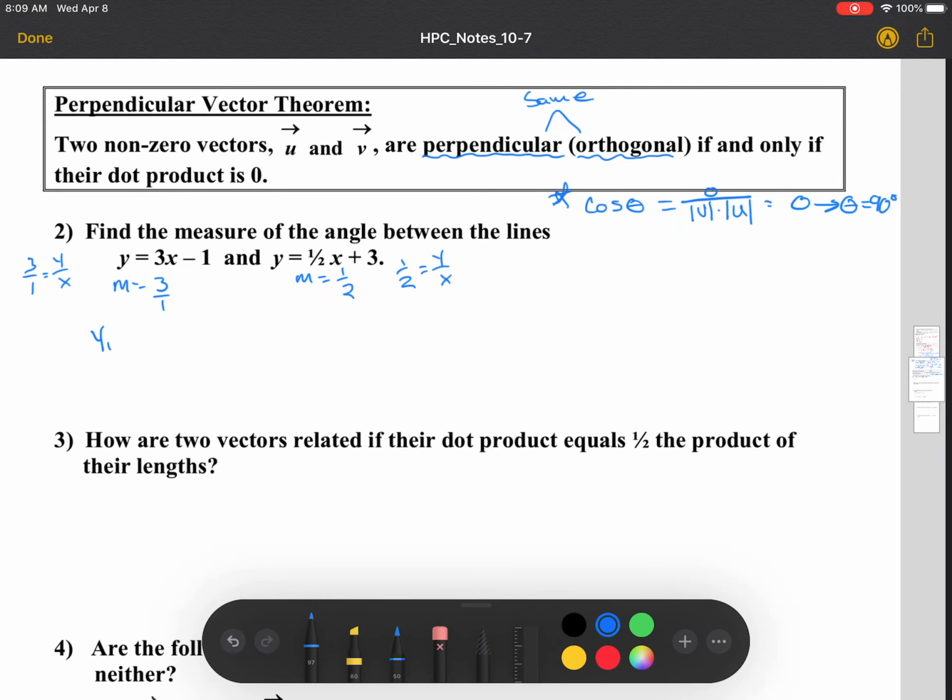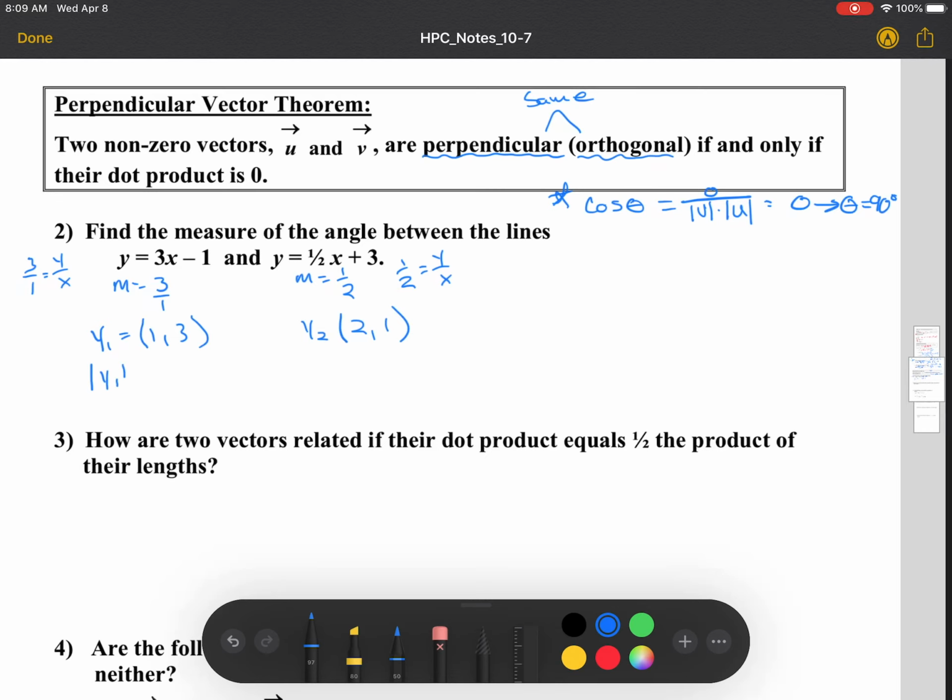So we have, let's just say, our y1 vector. We're going to call it y1 equals 1, 3. We're going to have our y2 vector equal 2, 1. Notice I just took our slope and I turned it into a vector. You can always do that with a line. So from here we have a slope, and that's really all we need, we have our 2 vectors, so that's all we need to find the angle in between.